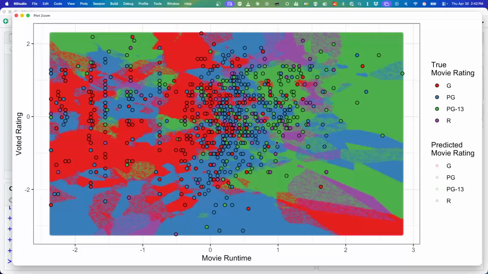If I did a cross-validation and figured out what the best K was, how do you think this model would compare from a prediction standpoint against MNL and LDA? What do you guys think? Better or worse?